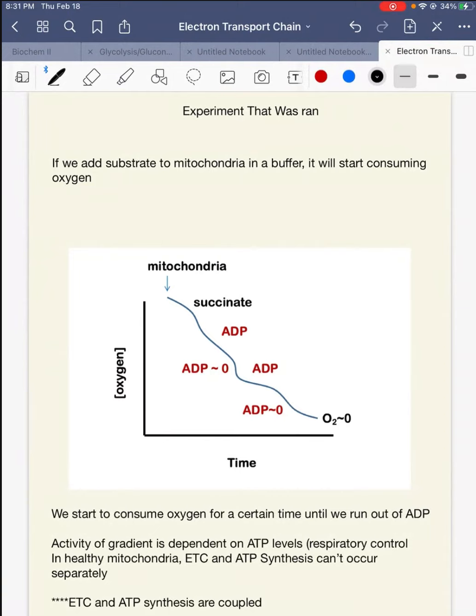So what they did is they added mitochondria in a buffer, and then they gave it succinate, and then they tracked the oxygen consumption over time. And what they found is that when ADP was around 0, that means ATP is high.